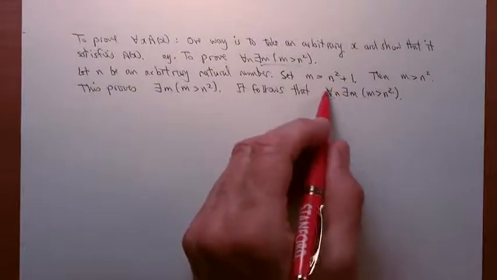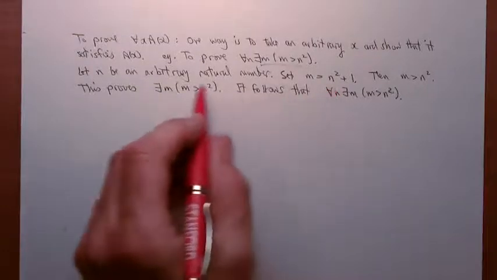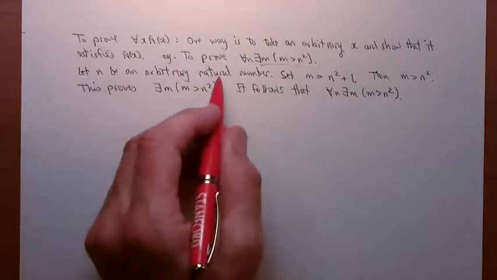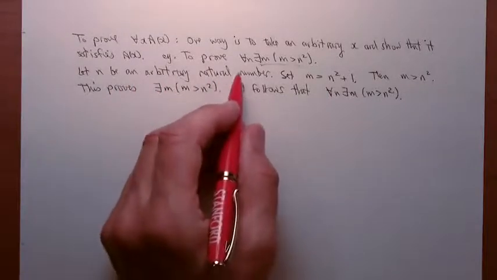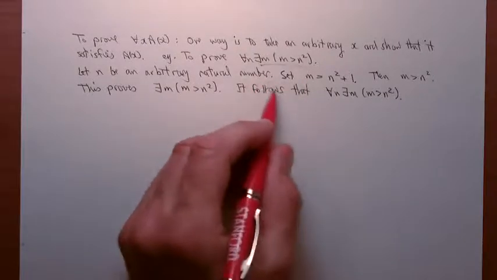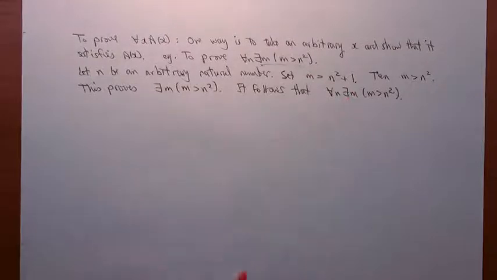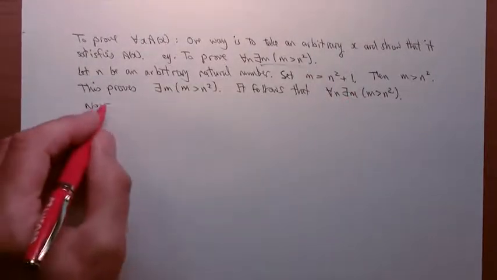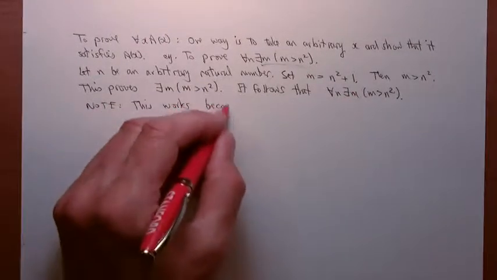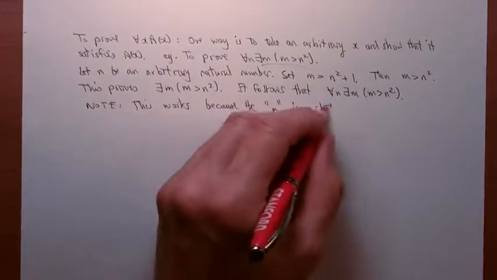The for all n has been handled by reasoning with an arbitrary natural number. So we've taken away one of the quantifiers, carried out some reasoning, and proved the result. But let me stress that this works because the n that we pick is arbitrary.